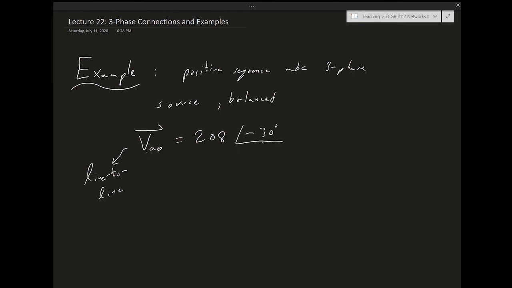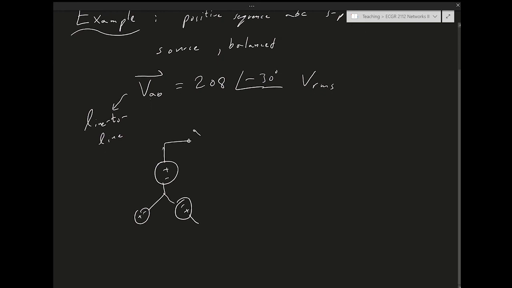This is the voltage from phase A to B, VRMS. So this is a source that looks like this. Right, this is A, this is B, this is C. The voltage from A to B is 208 at minus 30 degrees.